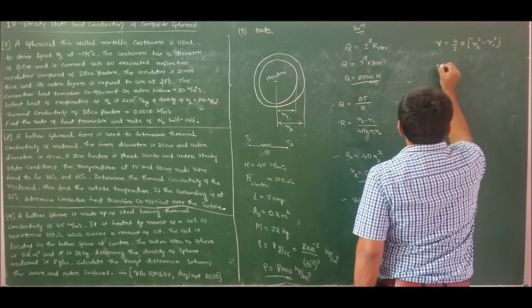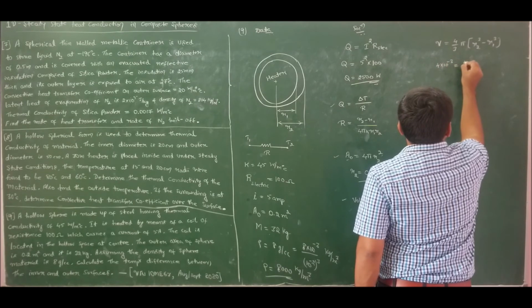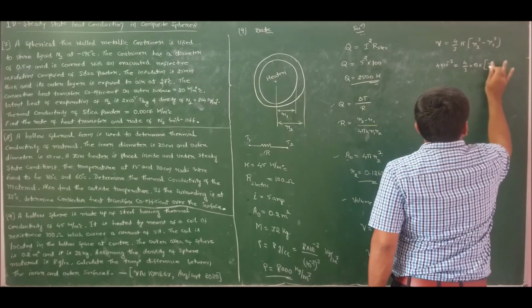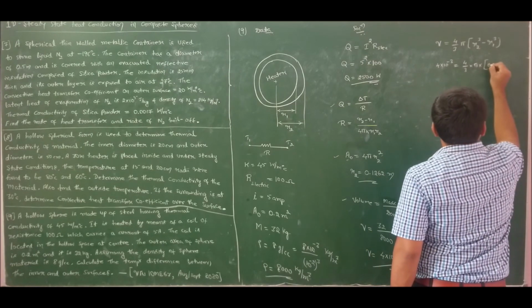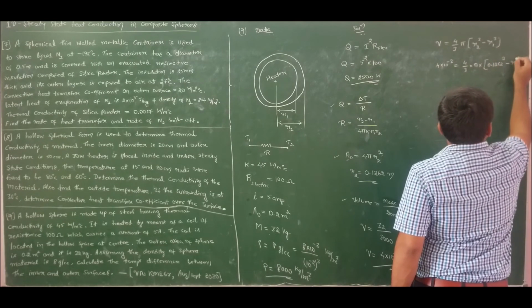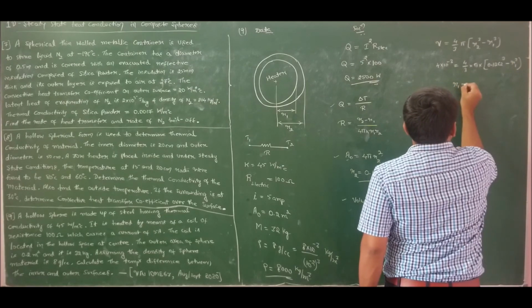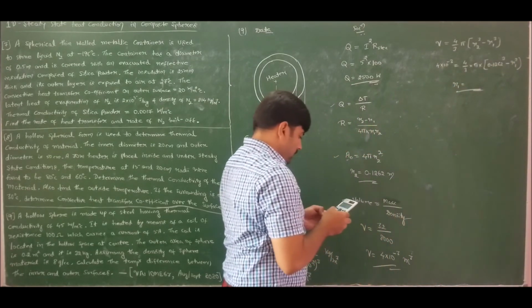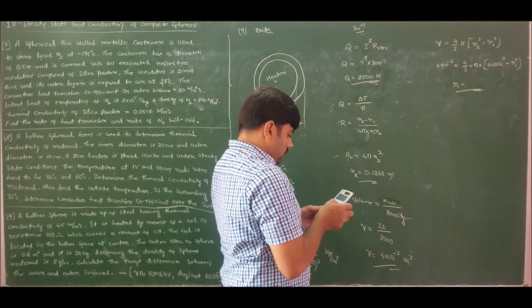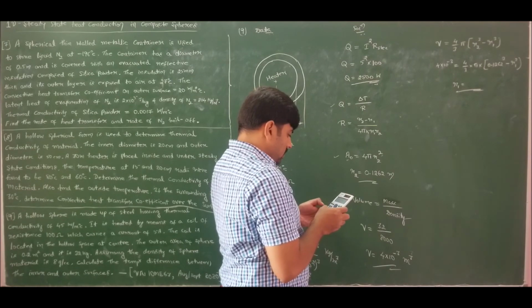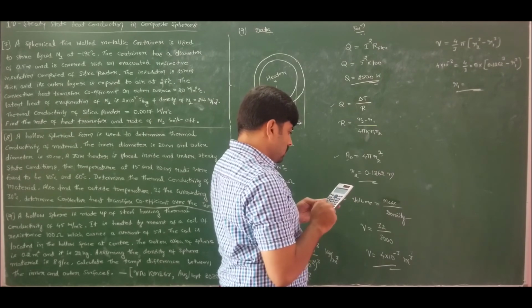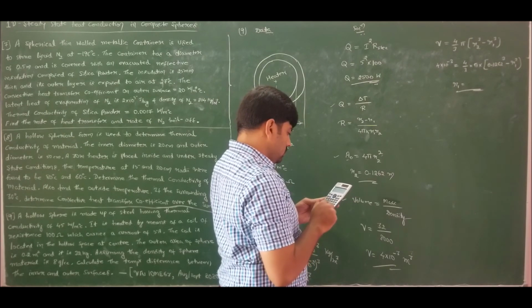So volume is known, 4 into 10 to the power of minus 3, which is equal to 4 by 3 into pi into R2 cube minus R1 cube, where R2 is known to us, 0.1262. So 4 into 10 to the power of minus 3 is equal to 4 by 3 into pi into 0.1262 cube minus R1 cube.